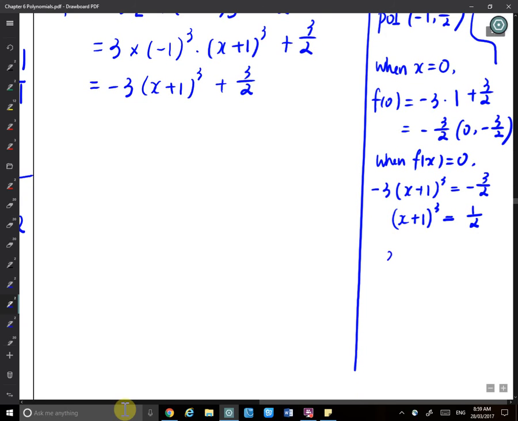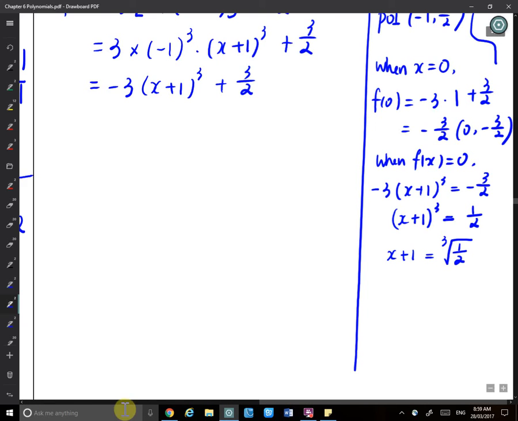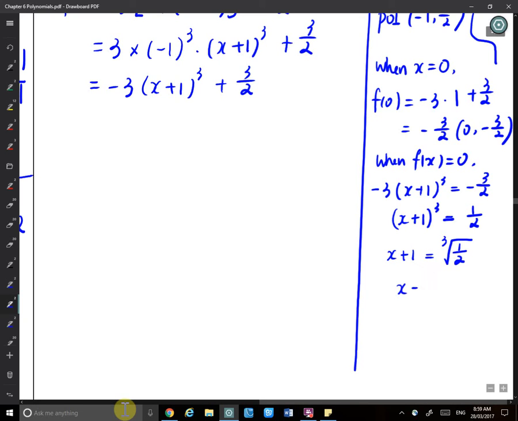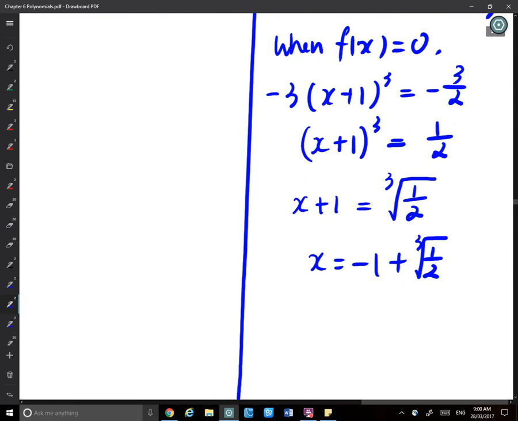And then x plus 1 will equal the cube root of a half. Is the cube root of a half a number greater or smaller than 1? Because I will have minus 1 plus that number, and I want to know whether it's a positive or negative x-intercept.